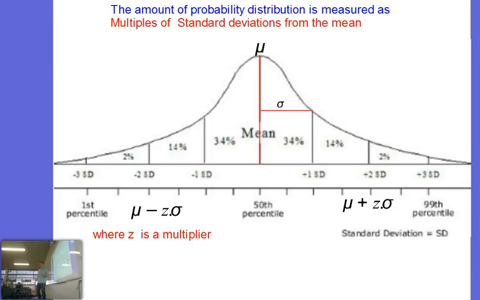Maybe 6 foot, so we say we've got multiples of feet, 1, 2, 3, 4, 5, 6 going up. So when we talk about a distribution of probabilities in the curve, we talk about amounts of standard deviations. We've got 1 standard deviation, 2 standard deviations, 3 standard deviations.